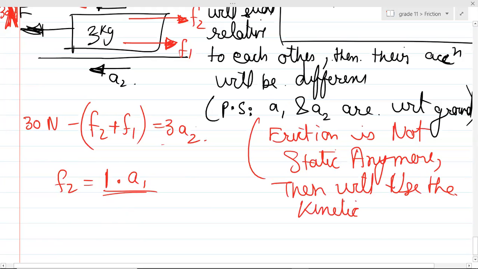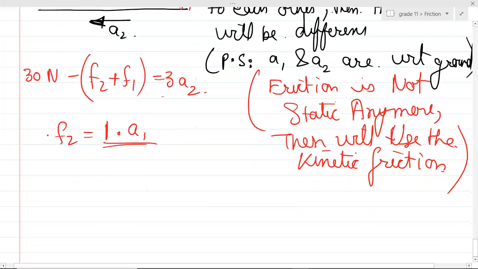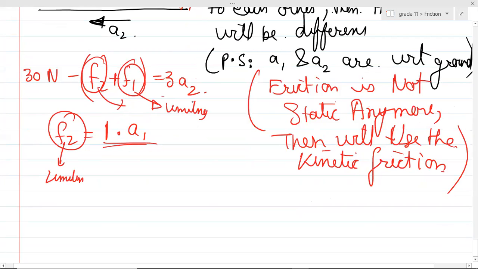And please remember, if kinetic friction is not mentioned, then you'll take the kinetic friction as your limiting friction. Is this clear? So basically, this will become the limiting value, and this and this will all become limiting values. So whenever there is relative motion of blocks over blocks, this happens. Is this clear, guys? Friction is not static anymore; it will become kinetic on both the surfaces. So F2, what was the maximum value of F2, guys?